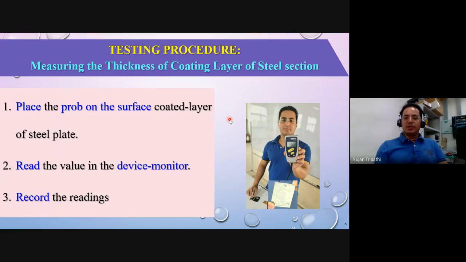for our reporting purposes, right? Okay, here I'm showing an experiment. There you can see a small calibration plate. That is also a steel plate, but it is a calibration plate. You can see the plastic layer here.